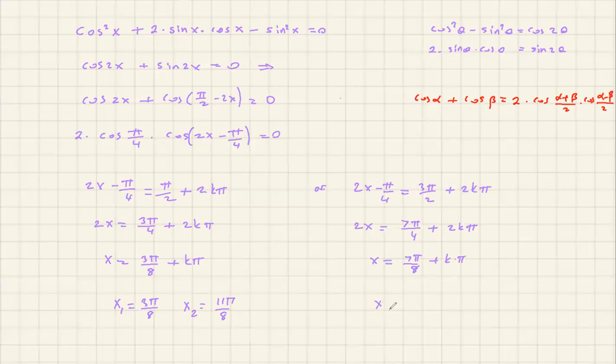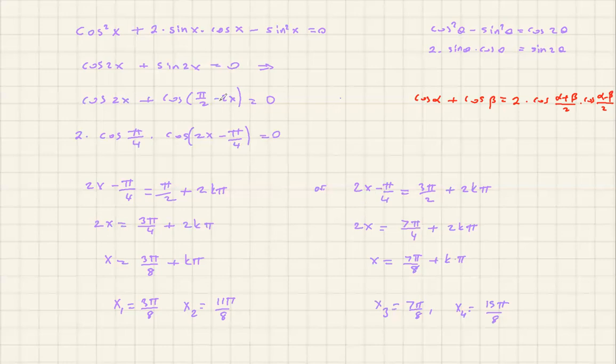So another solution we got from the second equation, which I'm going to call x3, is 7 pi over 8. But also, if I choose k is 1, that will add pi to this number, so that is going to be 15 pi over 8.